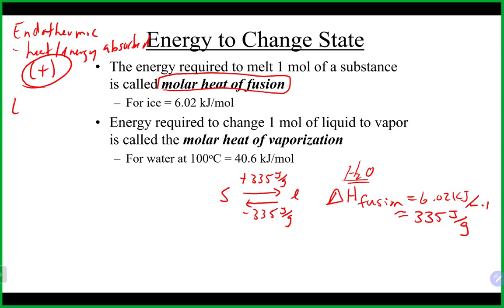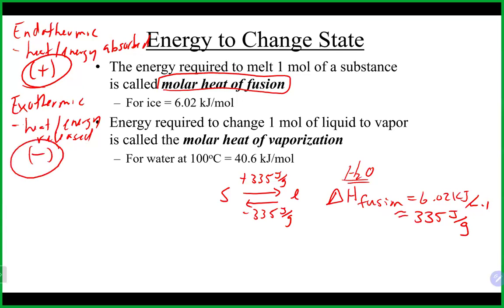That's different than an exothermic process, where heat and energy is released, and those values typically are negative. So it requires the same amount of energy regardless of which way you're going. The only difference is the sign of that energy. This would occur in the case of water at 0 degrees Celsius.